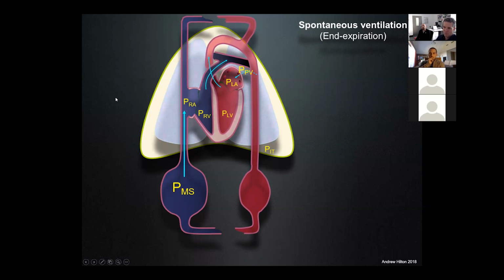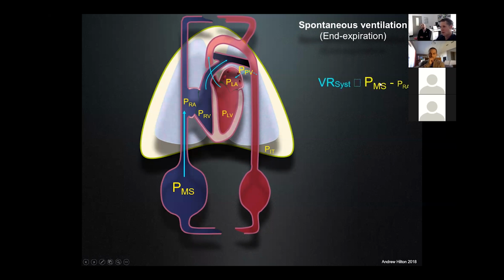Flow obviously goes from a higher pressure to a lower pressure, and that's how we get blood going round and round. Then it gets moved into the pulmonary venous system and the left atrium. If the left atrium pressure rises, you're going to reduce flow into your pulmonary venous system.